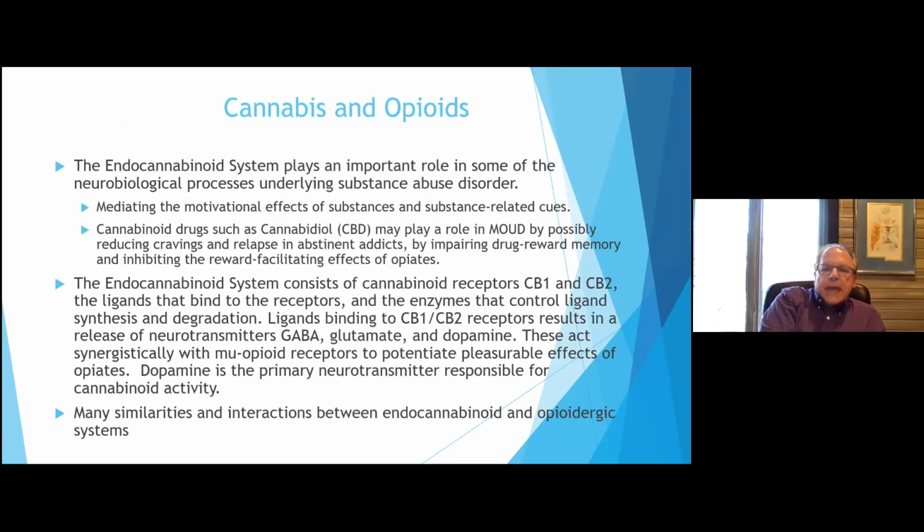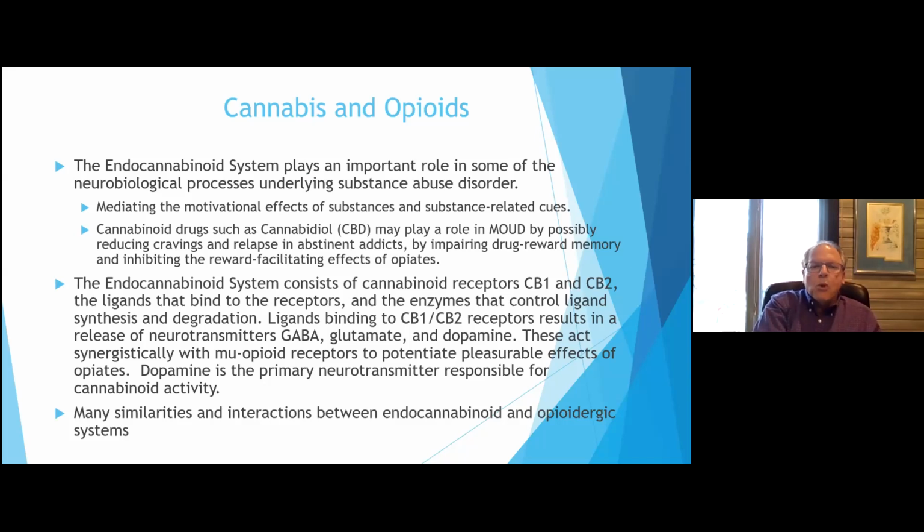When we look at cannabis and opiates, we have to look at the opioidergic and the endocannabinoid systems to see how they work in the nervous system. The endocannabinoid system is what mediates the motivational effects of substances and substance-related cues. In other words, it makes drugs better.